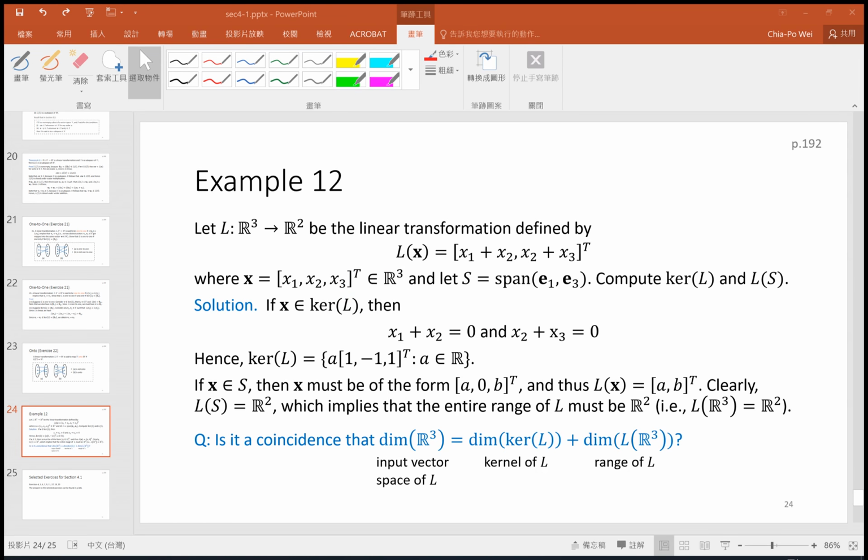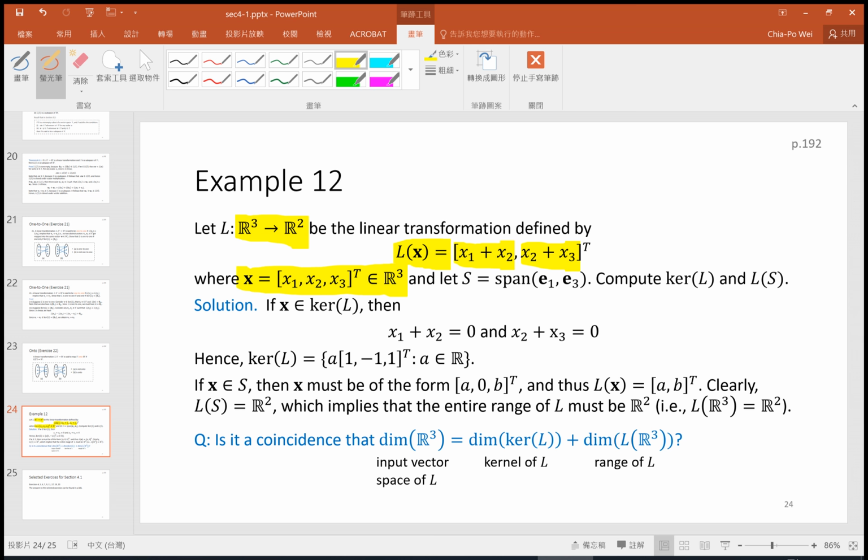In this slide, we discuss example 12. Let L be a linear transformation from R3 to R2, and L of x is defined as a vector in R2, where the first entry is x1 plus x2, and the second entry is x2 plus x3, and the input x is a vector in R3.